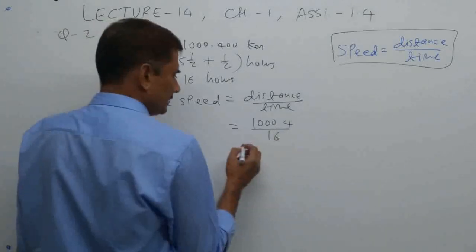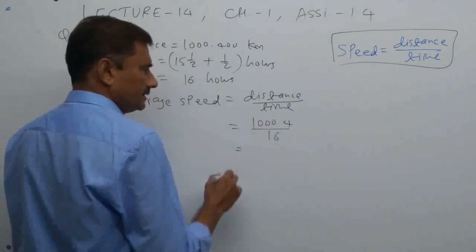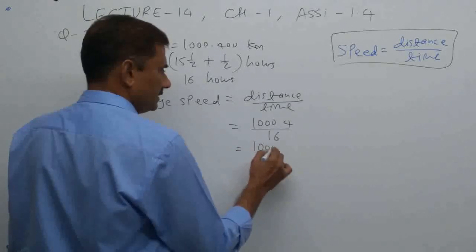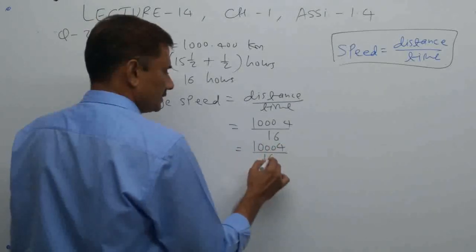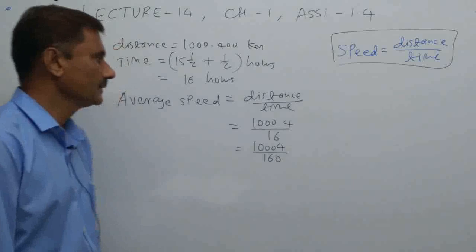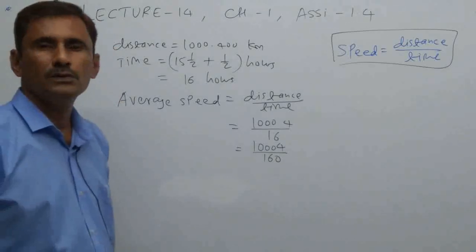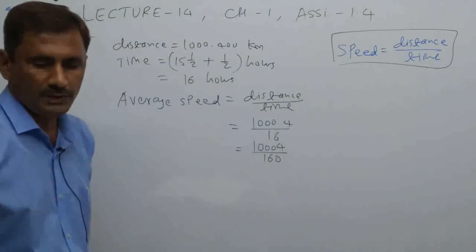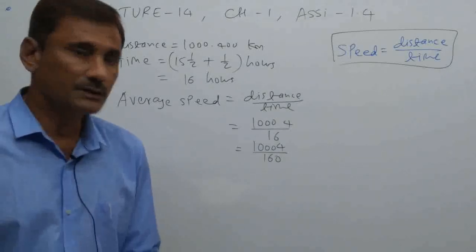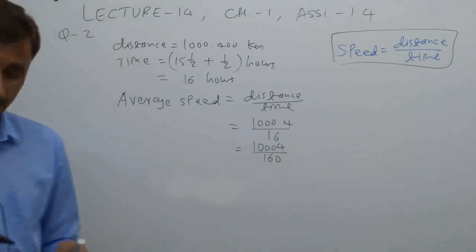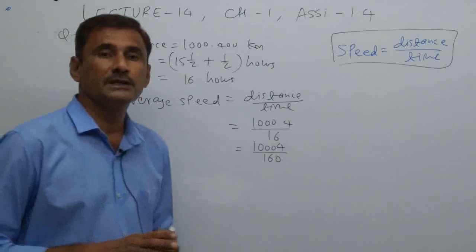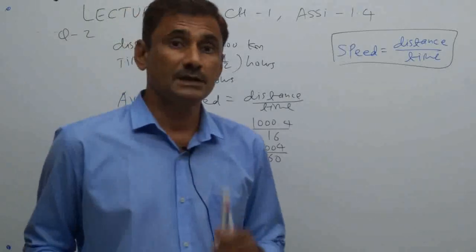Now in division, don't keep the point. So I am just multiplying here by 10, so here also. Okay. So the answer will be in kilometer per hour, because in vehicles speed is mostly measured in kilometer per hour.